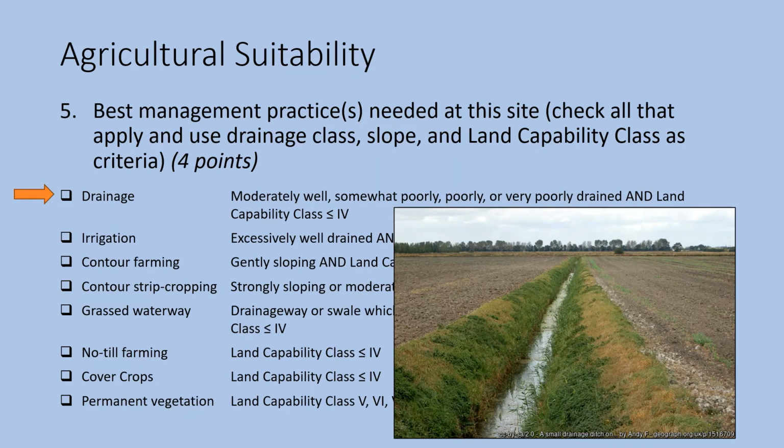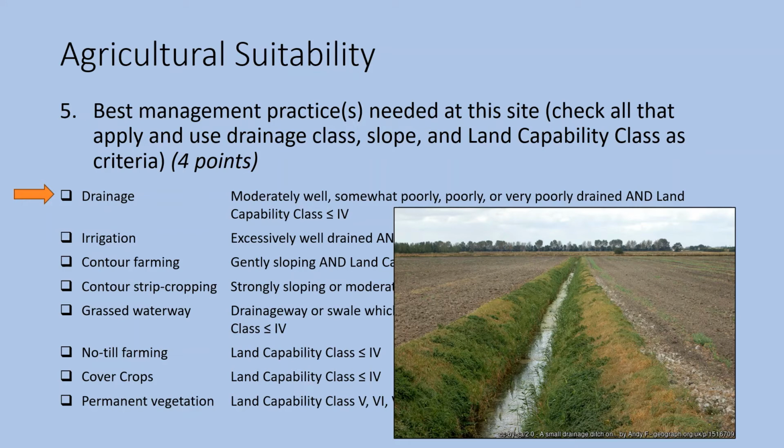First practice we'll consider is drainage. Drainage, either through ditching or subsurface tiles, is usually done to lower the water table in soils that are affected by a seasonally high water table. Basically this is done to make it easier to plant crops in the spring and to prevent the crops from getting too wet.